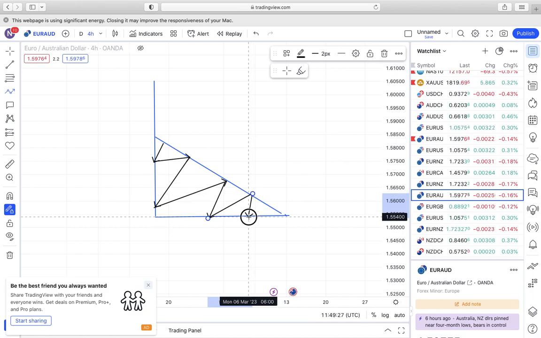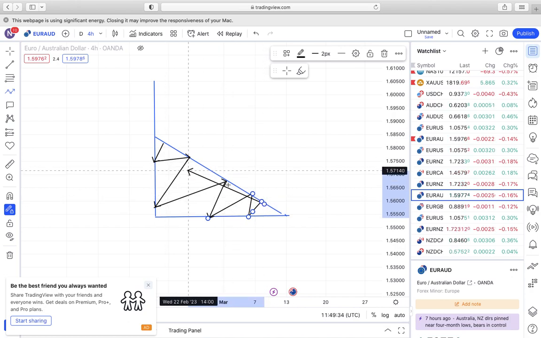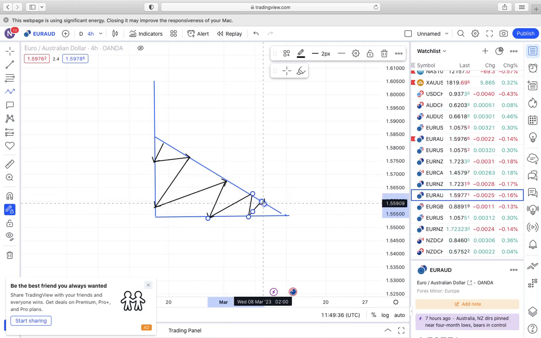Let me say this market has been moving this way. I've told you that you can decide to trade within the channel. This one should be here.